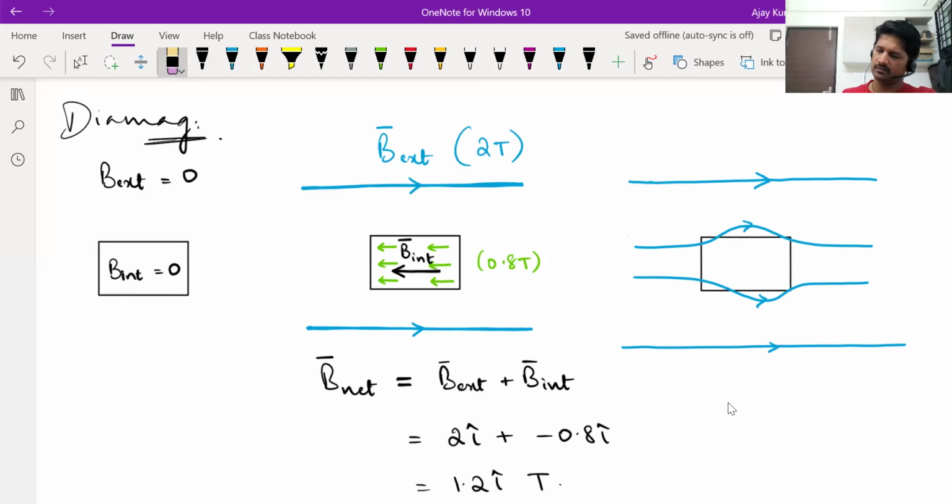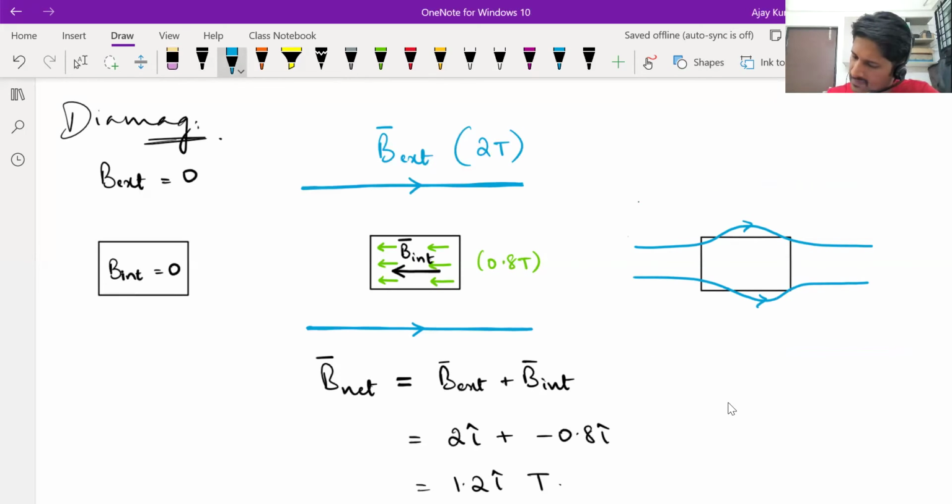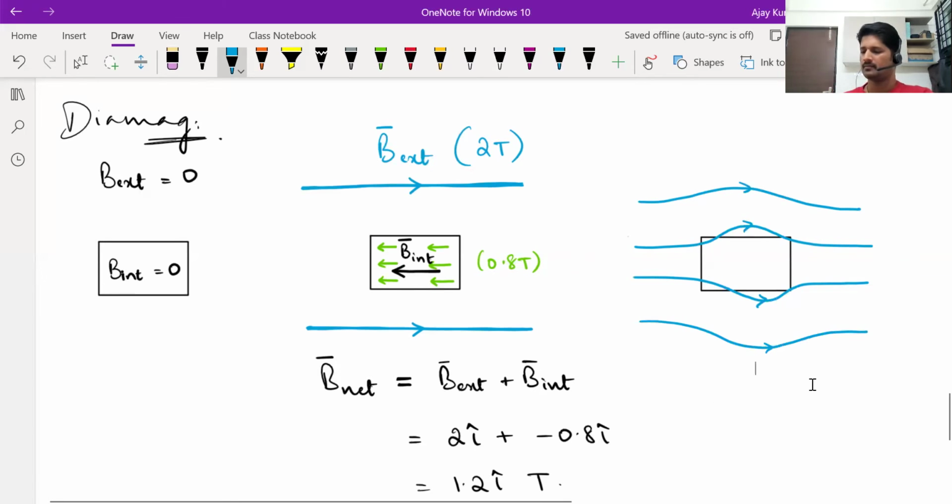Or I think it will be even better if we draw these properly. So B net. Field lines always represent the net field, whether it is electric or magnetic. B net, its magnitude is less than B external. So we show the field lines moving away from each other.